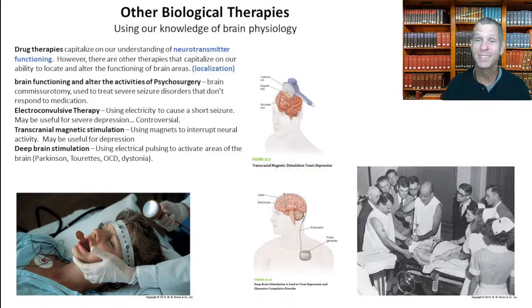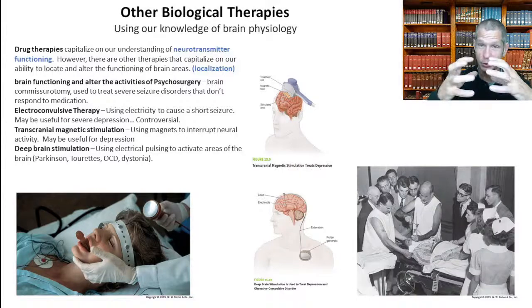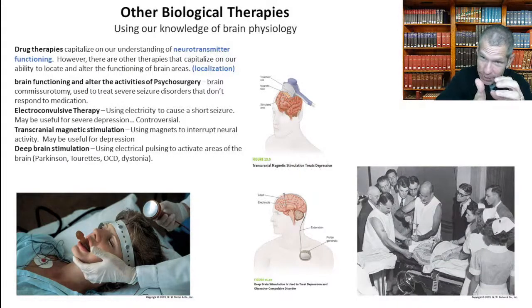So one of the earliest psychosurgeries was to cut the corpus callosum in half so that the electrical activity can't go from one side of the brain to the other. This is known as a commissurotomy.